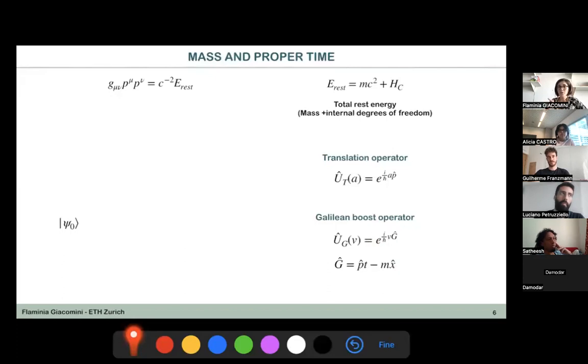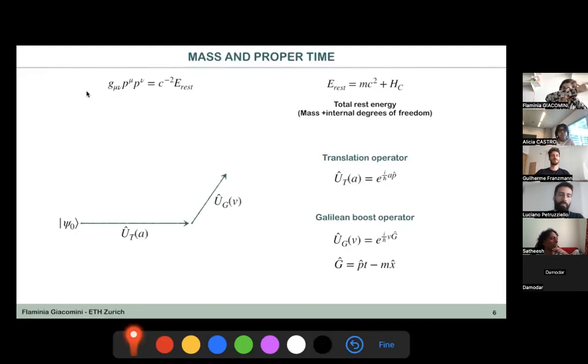So now what we can do is to apply a cyclic transformation, a transformation that in principle should go back to the initial state. How do we do that? First we apply a translation by some quantity a. Then we apply a Galilean boost by some velocity v.